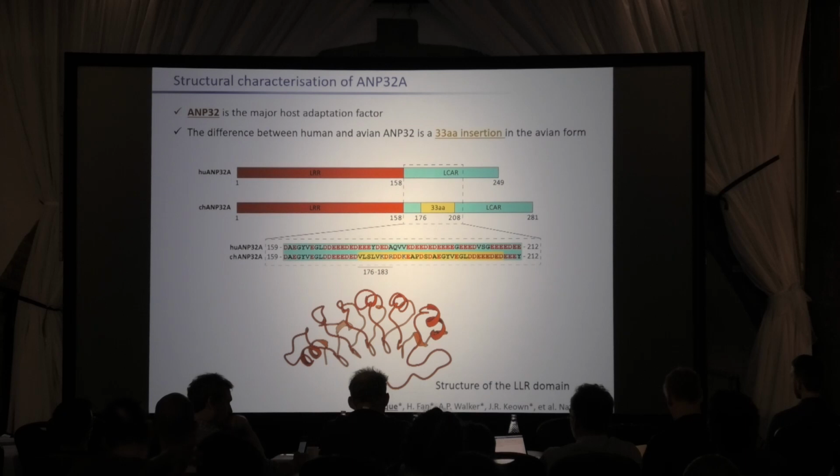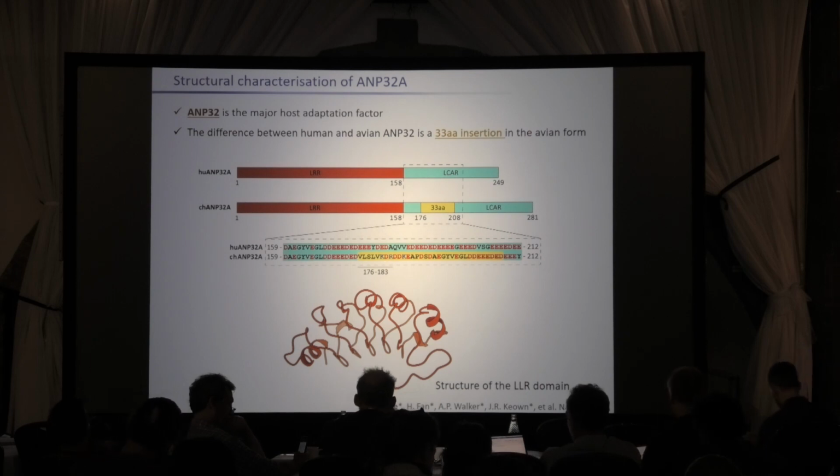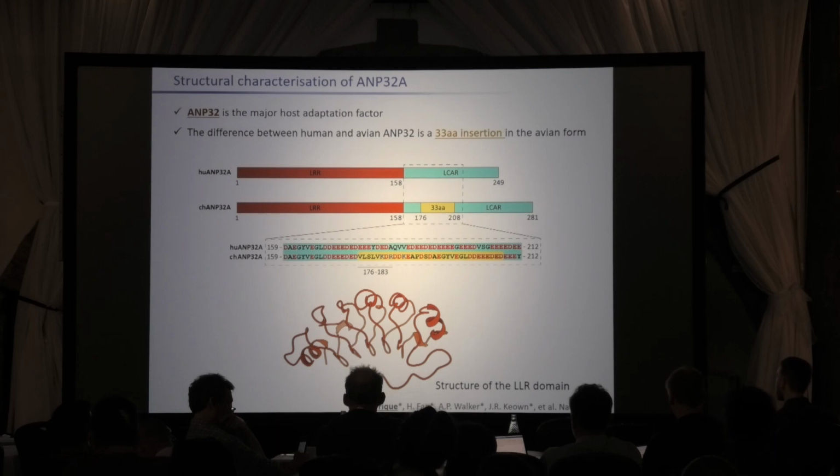The only difference between the human and the chicken is this 33 amino acid insertion, where, and you probably can't see this, there are a number of positive residues, arginines and lysines, in this 33 amino acid insertion, and this will be key to the adaptation.